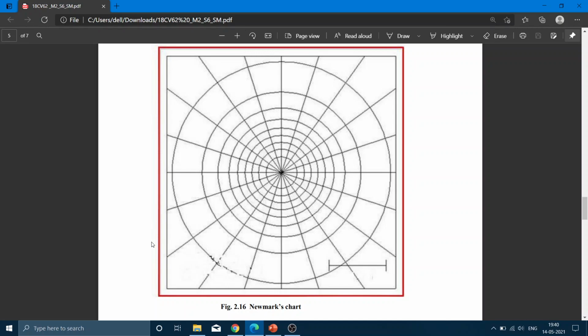These circles are then drawn to a convenient scale, say 1 centimeter is equal to 2 meter, or 1:200.